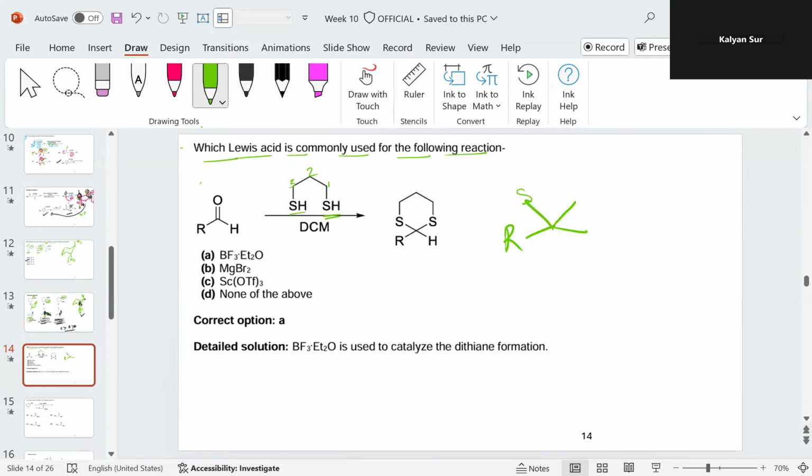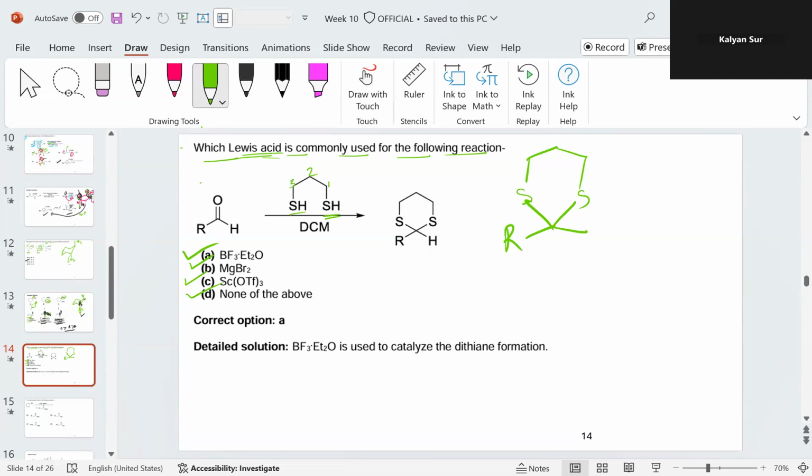This is the product, and we need to add some sort of Lewis acid to complete this reaction. The options are BF3 etherate, MgBr2, scandium triflate, or none of the above. Basically we need to add a Lewis acid, and BF3 etherate works well.